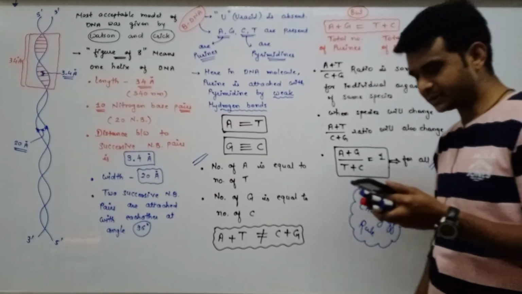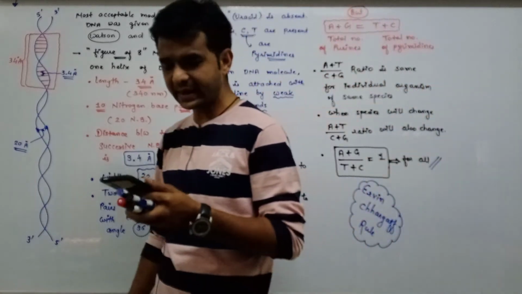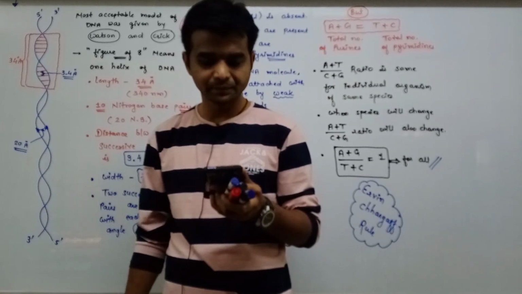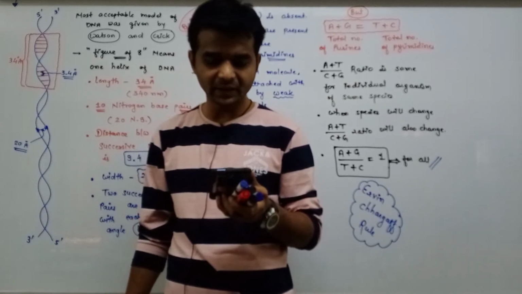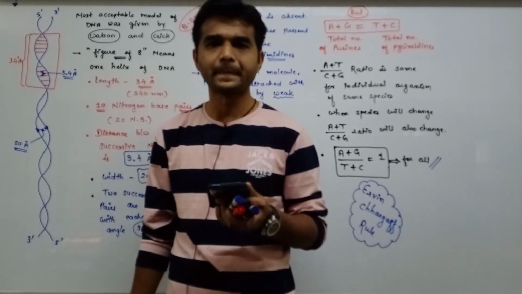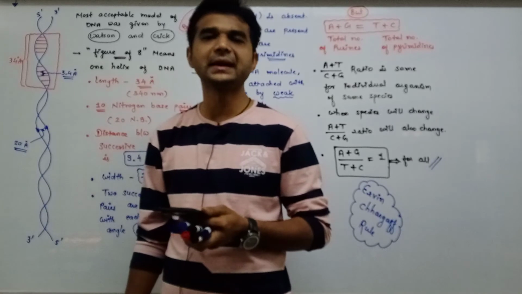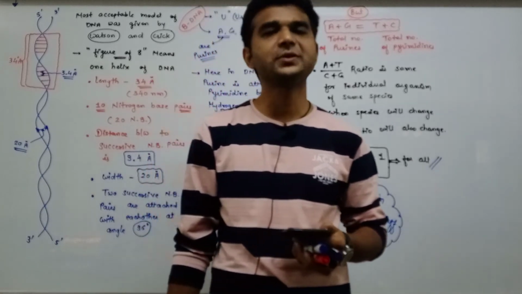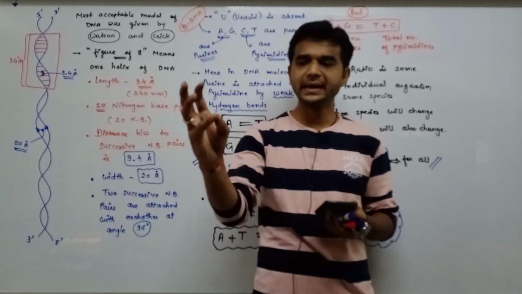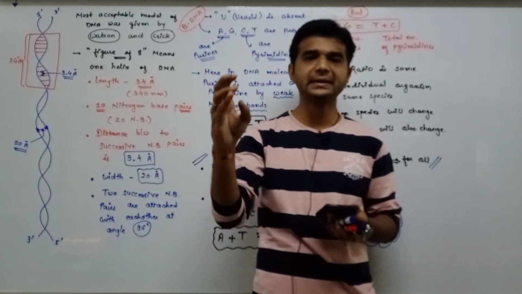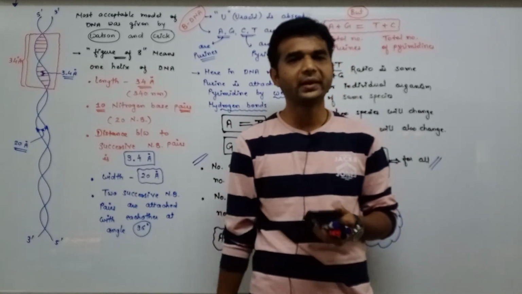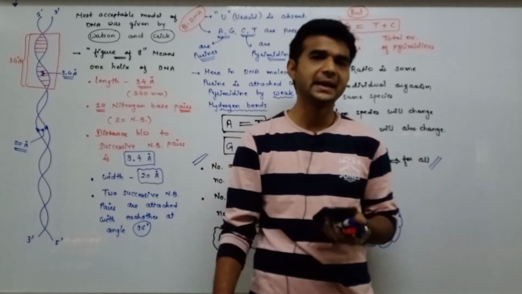In higher classes, you will be told that there are more than a dozen forms of DNA named after English alphabets with unique structures and features. So that I will tell you in the NEET lecture, that there are so many types of DNA. In yesterday's lecture I told you about A, B, C, D and Z type. You have to remember only these 5 types, not more than that.